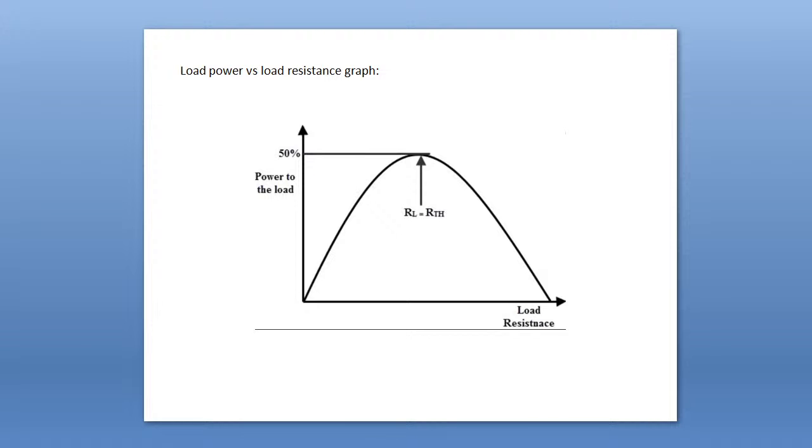If RL equal to RTH, the Thevenin resistance and internal resistance of the circuit, then what will happen?